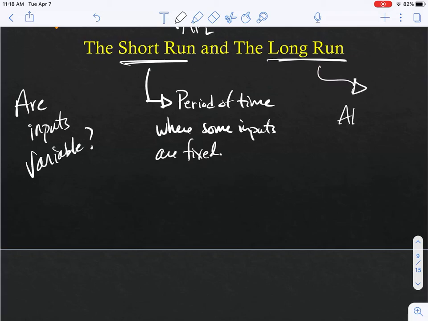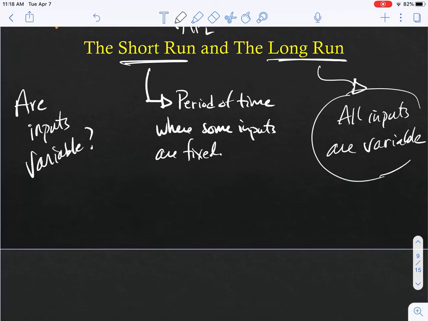And the long run is the period of time where all inputs are variable. So the long run is the period of time where you can change every input and you can make it bigger or smaller or make it zero. So if you shut your business down and liquidate it and go out of business completely, what we're ultimately going to call exit the market, it means you've dialed everything to zero.